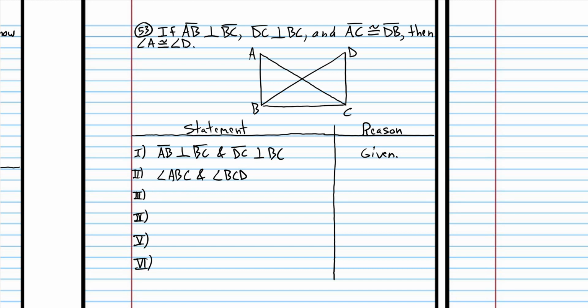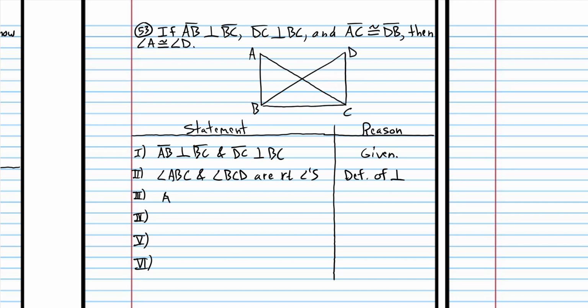Those two angles are right angles, and that is just the definition of perpendicular. So again, AB is perpendicular to BC, which means the angle formed by those two segments is 90 degrees, or they're right angles. And DC is perpendicular to BC, so the angle formed here is a right angle.